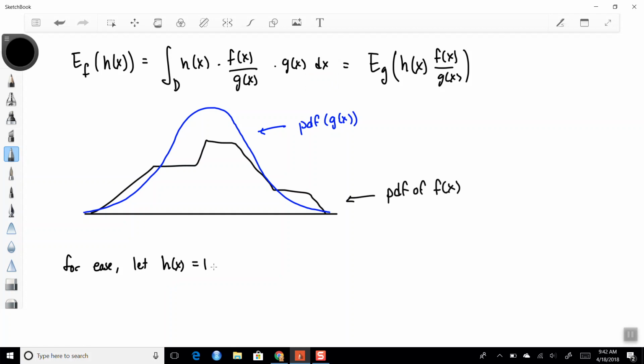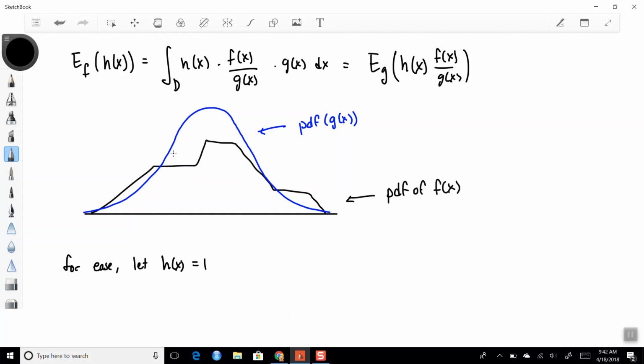And so effectively, we're just trying to calculate what's the mean of this, the black PDF here for f of x. And what we're going to do is instead draw values from the blue PDF, g of x. So I'm not able to sample directly from f of x, but instead I sample from g of x.